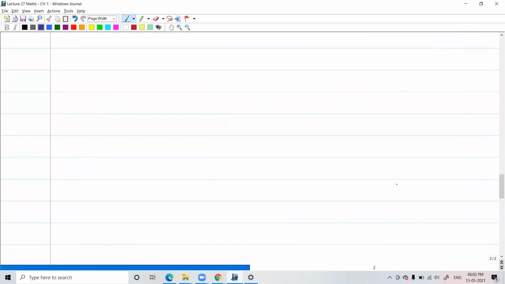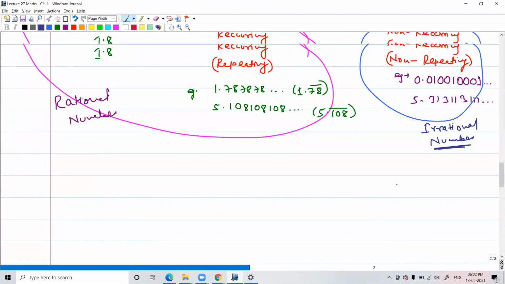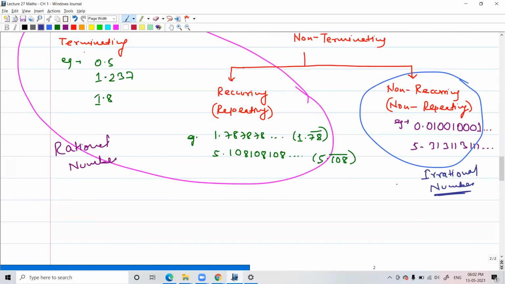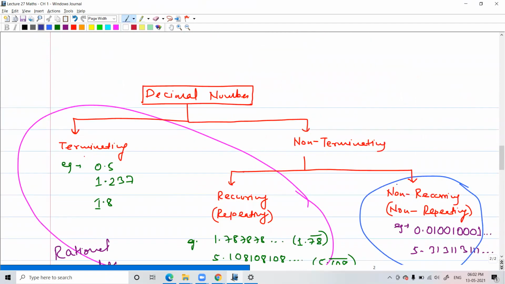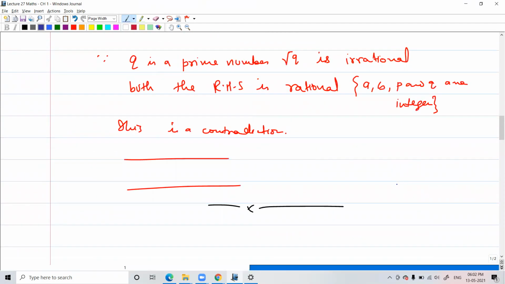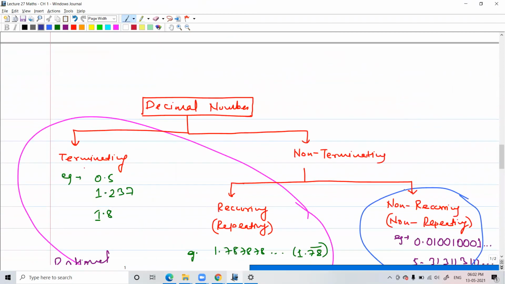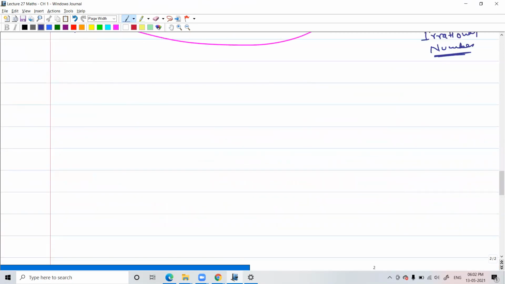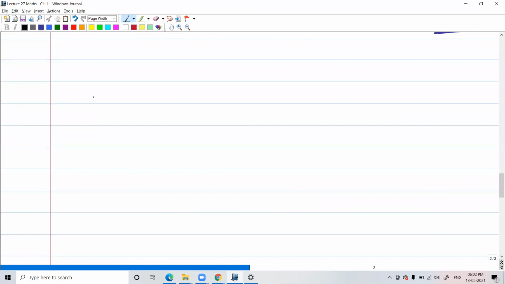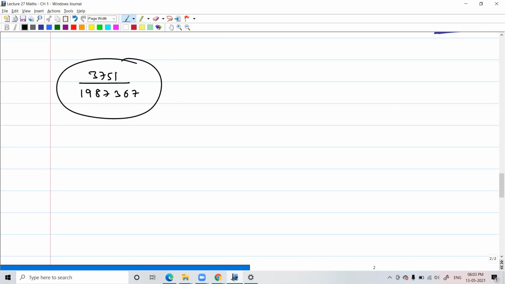So now that you know which ones are rational and which ones are irrational, let me ask you the same question which I was saying. If some number is written in the form of a fraction, let's say I give you a fraction like this.